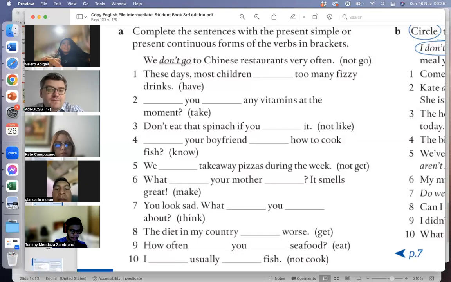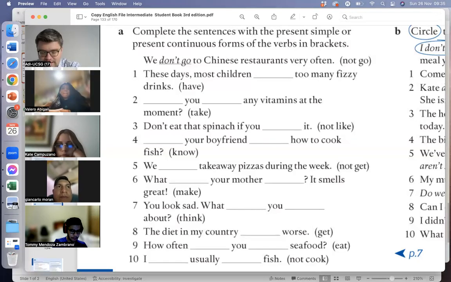We're talking about habit, the specific routine that you have. Like my habit is that I eat seafood every 2 weeks. I go to the restaurant and I eat seafood. So this is my habit. This is what I do on a repeating basis. So very, very good. You're absolutely right. How often do you eat seafood? Present simple. And Valeska, number 10.